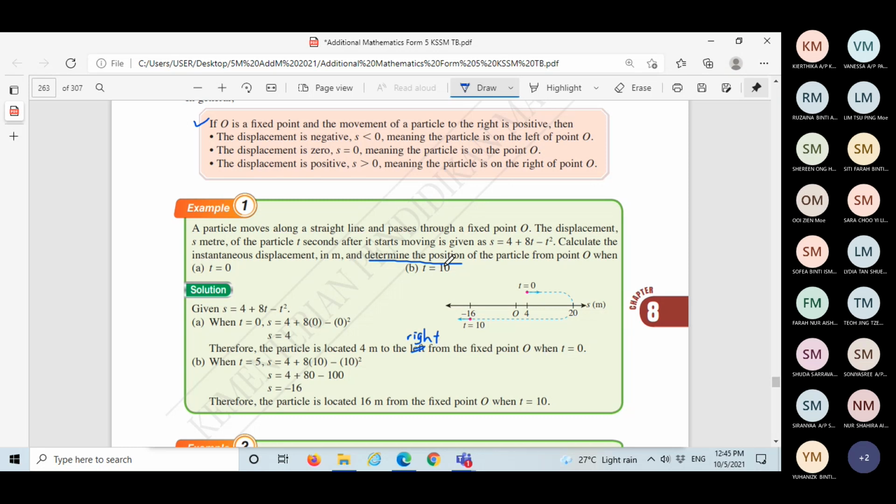Now how about part B? When t is 10, what is the displacement? Replace t with 10, so the displacement is negative 16. Same thing, determine the position.